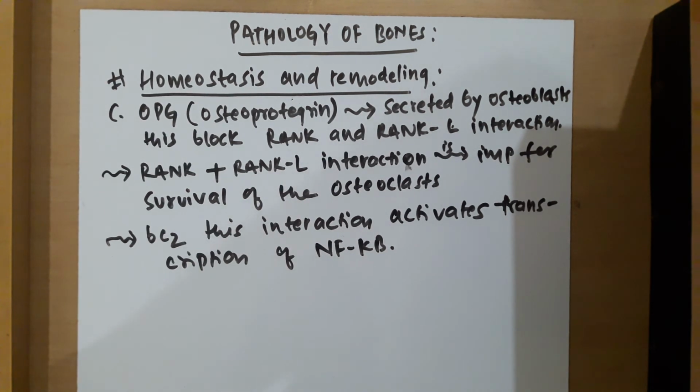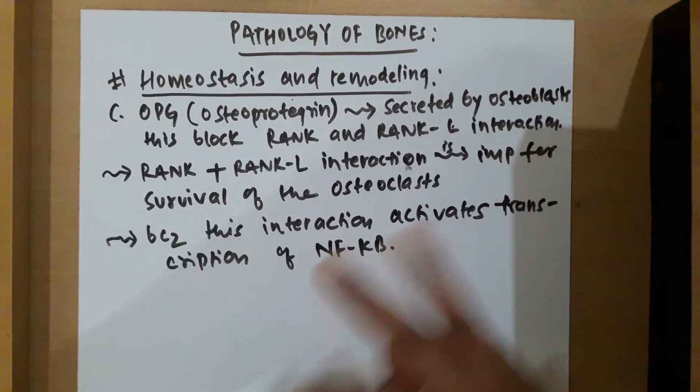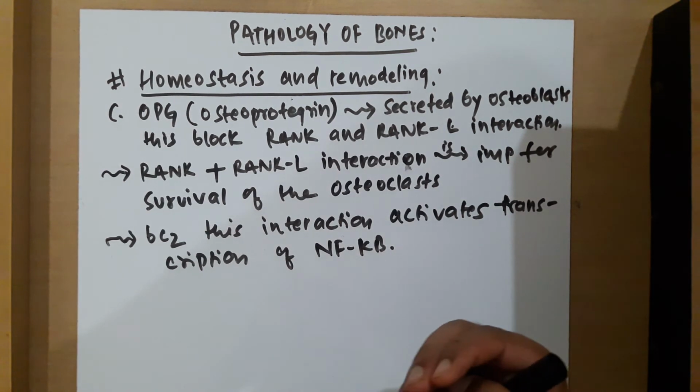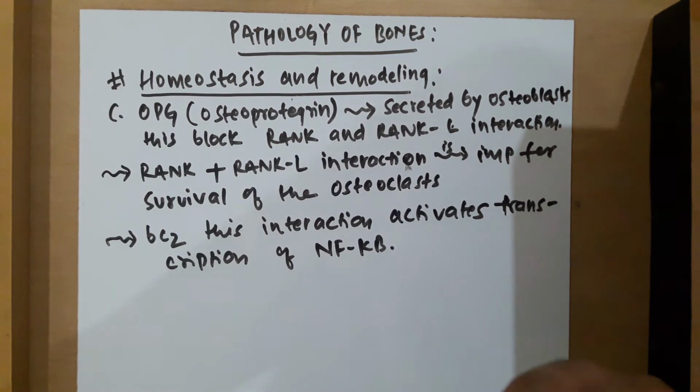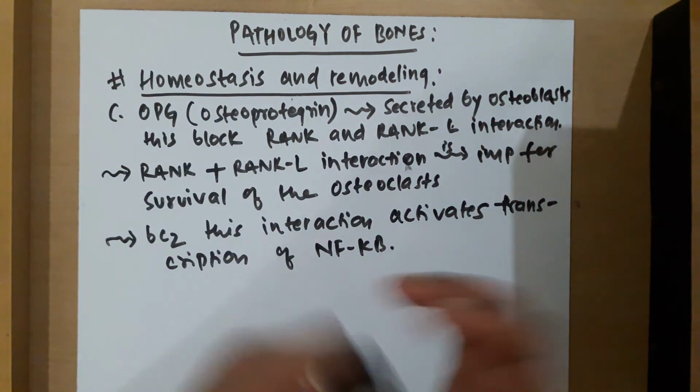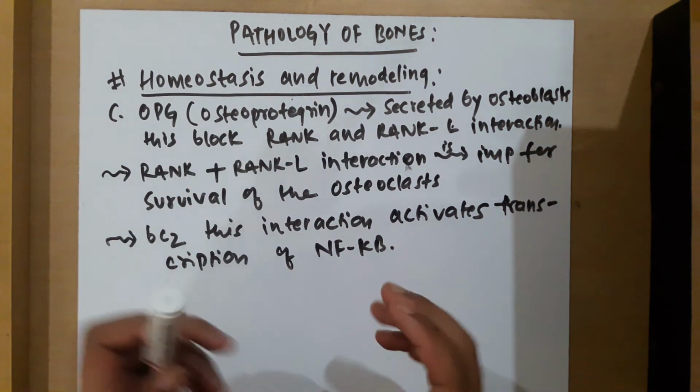That's why I made a video on these basic things, so that when I mention genetic factors under pathogenesis, you understand that LRP5 gene mutation can cause osteoporosis and osteopenia. It has an important role in attaining the peak bone mass. So you may get confused, that's why I made a video on this.